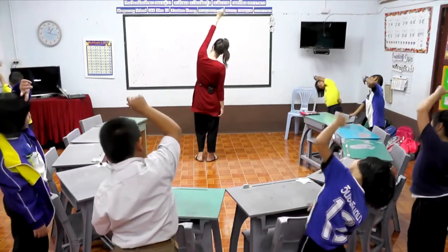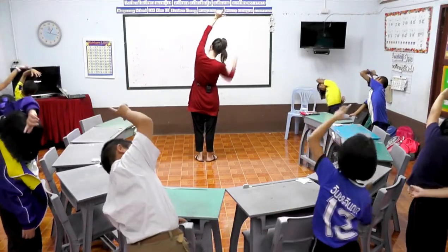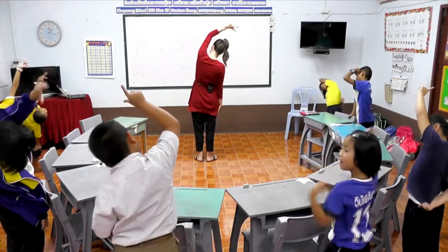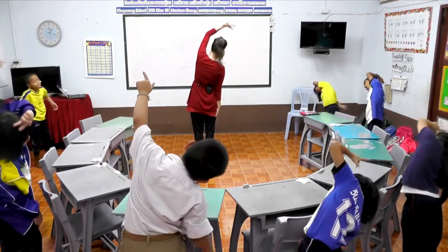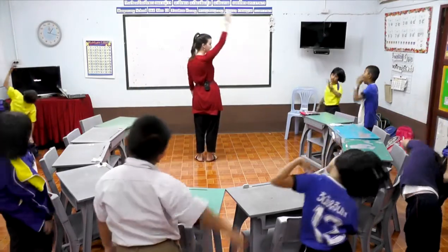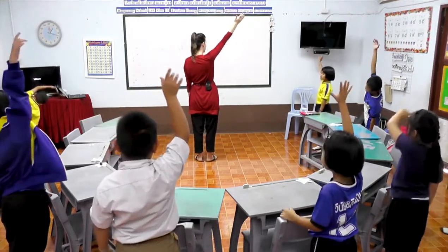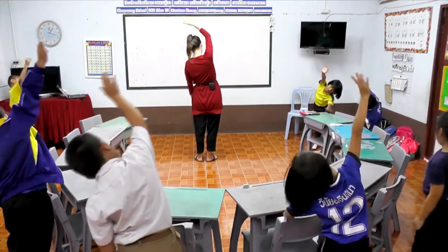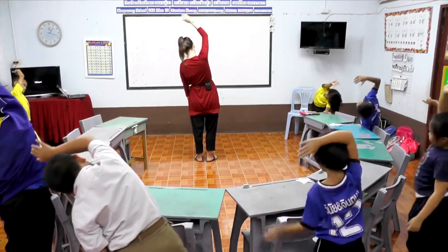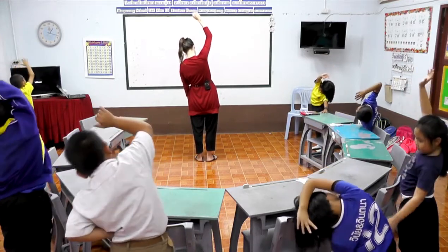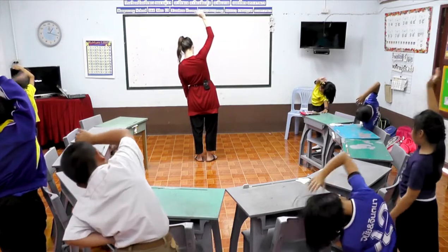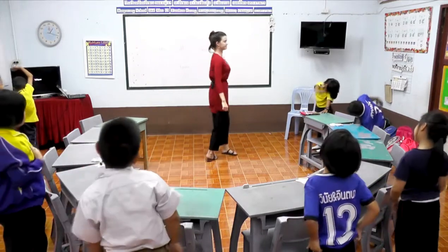Should look like this. You still have your L. Stretch to one side. You got it, bud. Okay. Put your right hand up and stretch your arm over your head. Stretch to your side. Very nice.